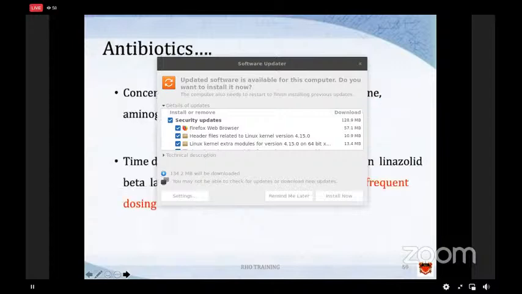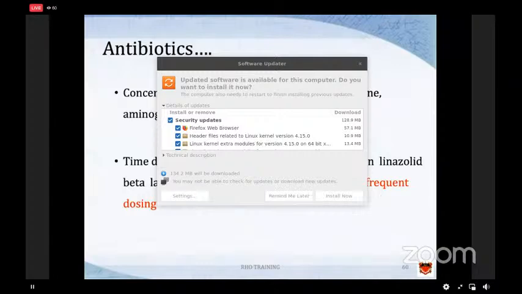So we call it hit hard and hit quickly. We have 2 types of antibiotics. We have concentration dependent antibiotics and we have time dependent antibiotics. Concentration dependent antibiotics are like single daily doses, and you give a big dose. The best example is aminoglycoside or gentamicin. You give 5 milligram per kg.